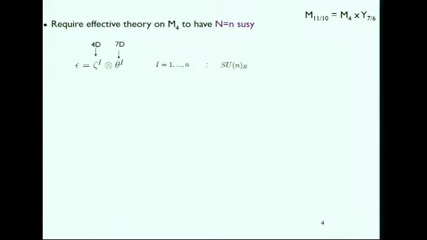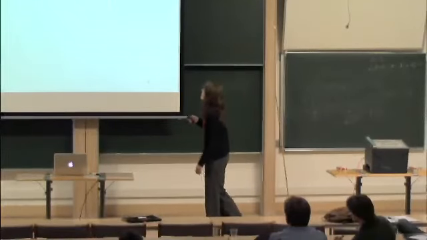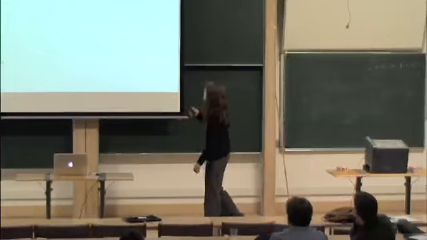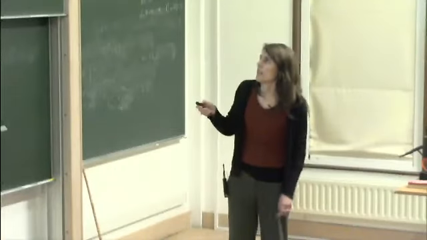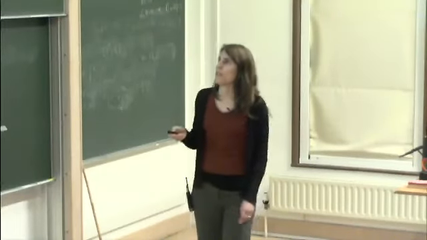So this n is an index of an SU(n) R-symmetry that rotates these n spinors. And the maximum that we can go is up to SU(8). So this SU(n) is always a subgroup. Sorry, I should say equal here. If we look at N=8, it's a subgroup of SU(8).